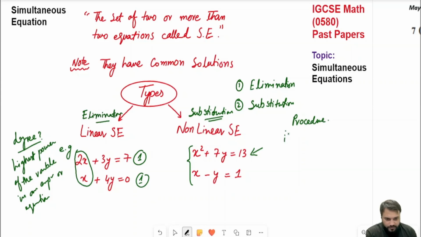The first thing, we have to select the variables or unknowns in both the equations. Number 2, make similar coefficient for the chosen variable.